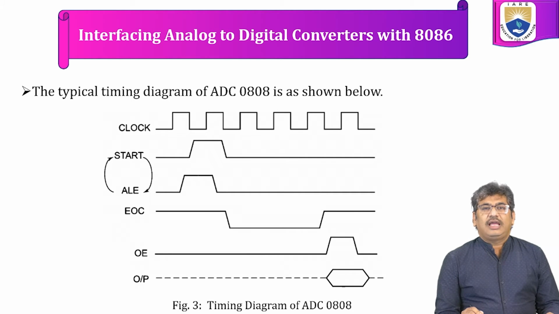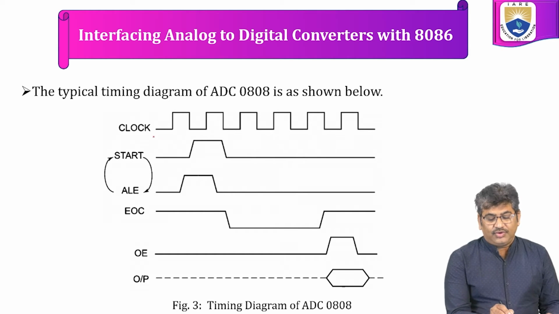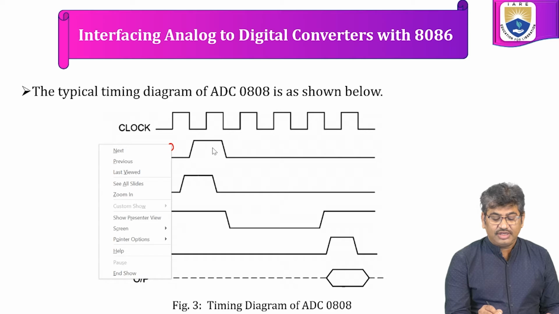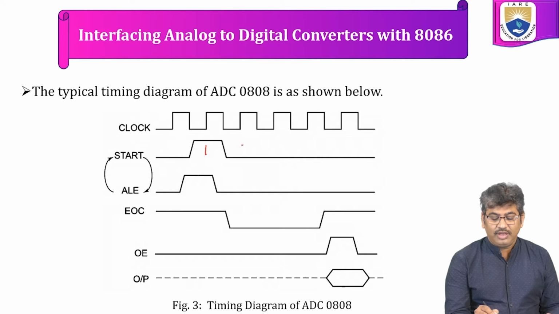The typical timing diagram of ADC 0808 is shown in figure 3. First we generate a start pulse: SOC is 0 initially, followed by 1, followed by 0.